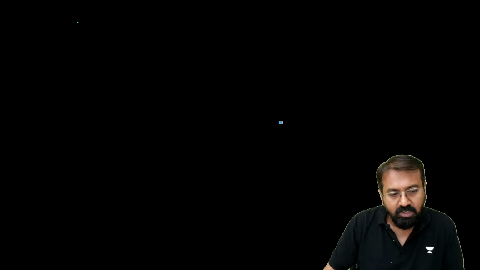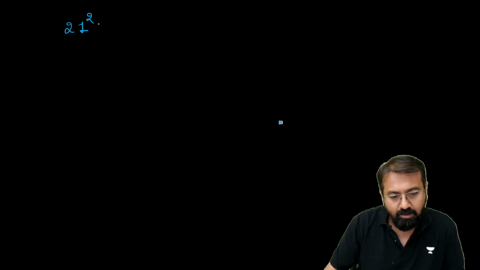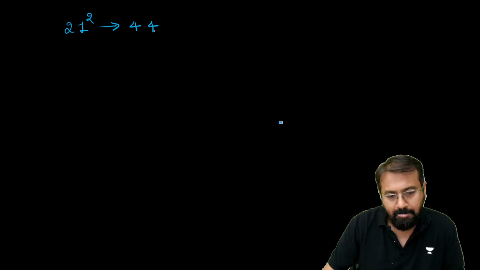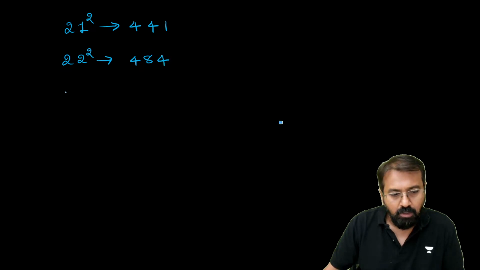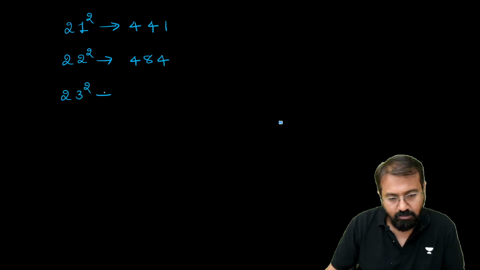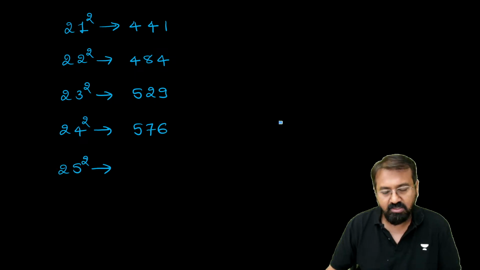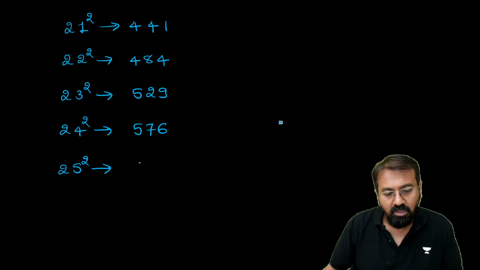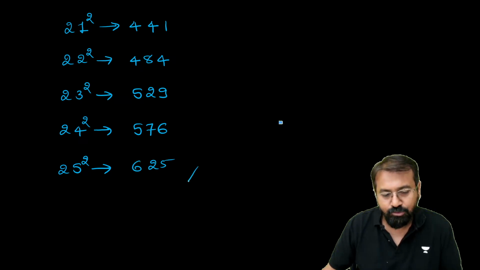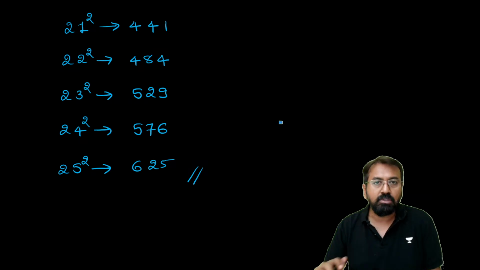Okay, so guys, 21 square is 441. 22 square is 484. 23 square is 529. 24 square is 576. And 25 square, I'm sure this is something that all of you would remember, is 625, right? So you need to at least remember squares up to this number.